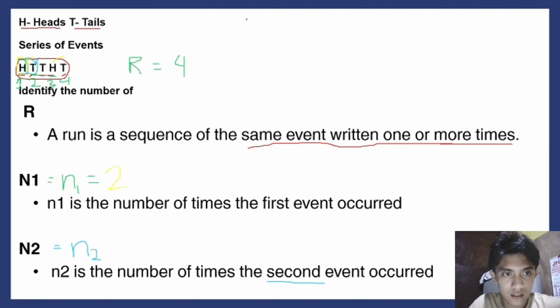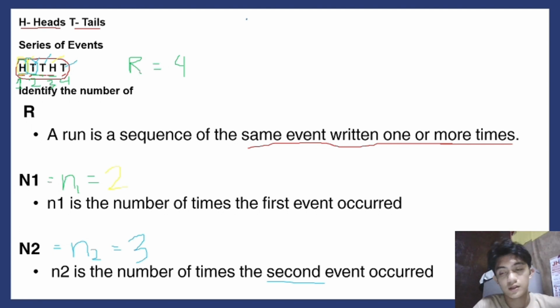So we have 1, 2, and 3. Therefore, our n sub 2 is 3. That's how to identify the n sub 1 and n sub 2.